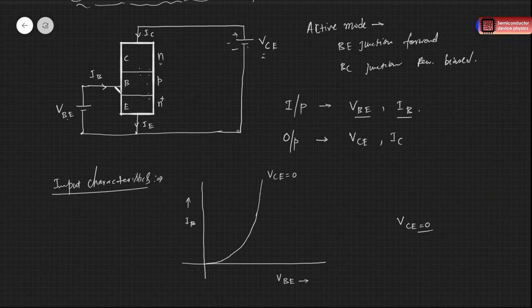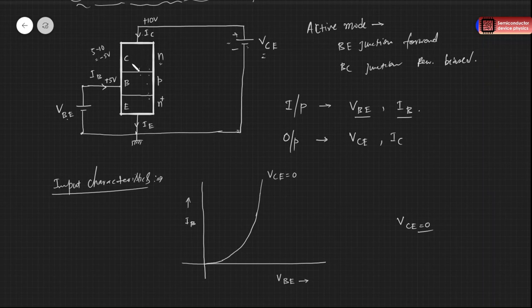Here the base is, let's say, already at 5 volts, and if you apply, let's say, plus 10 volts at the collector, then comparing base with the collector, it is 5 minus 10, so minus 5 volts, right? Both are referenced to the common ground, the emitter.